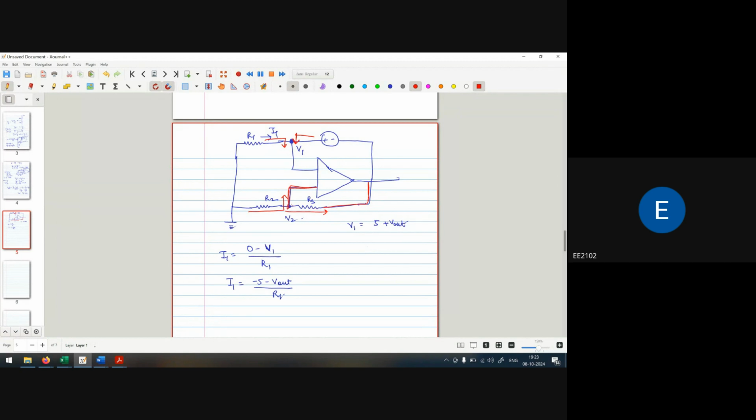Yes. V2 is half of V out, right, sir? I mean, since R2 and R3 are the same as per the diagram.